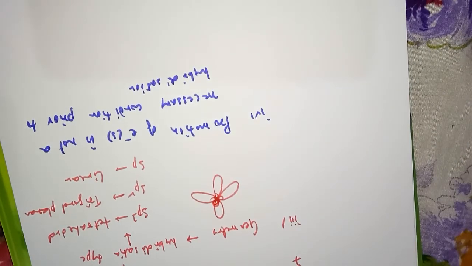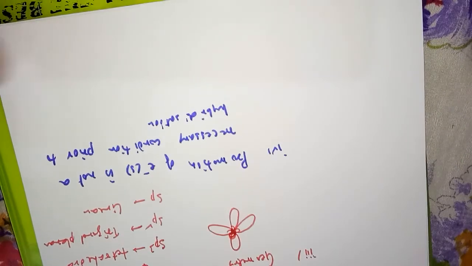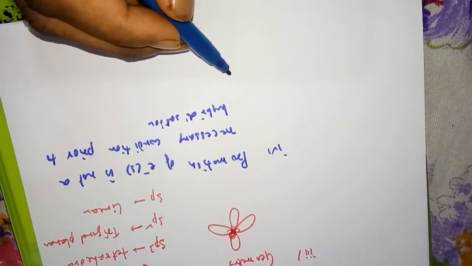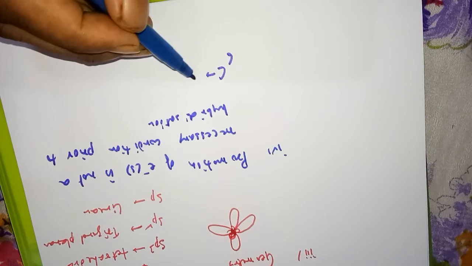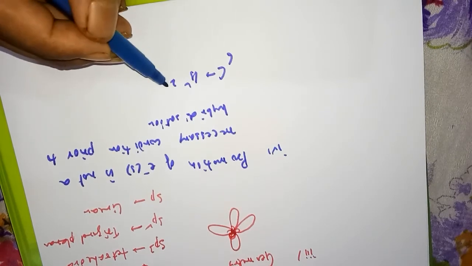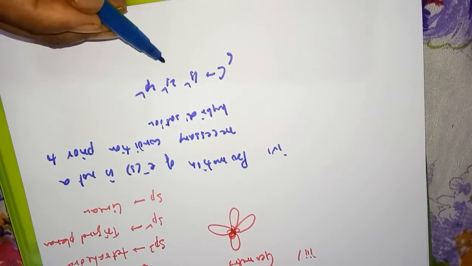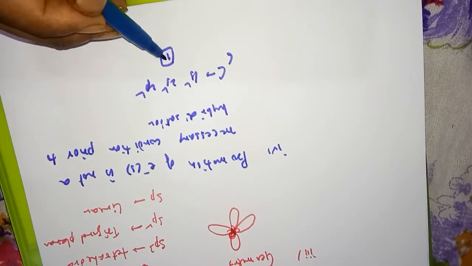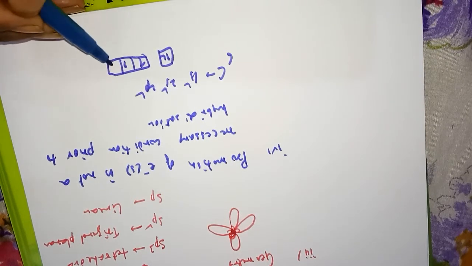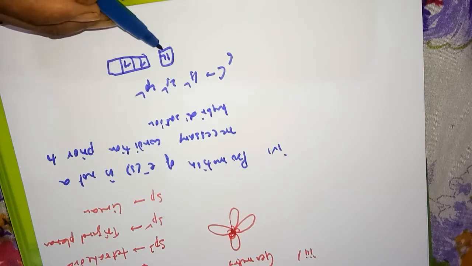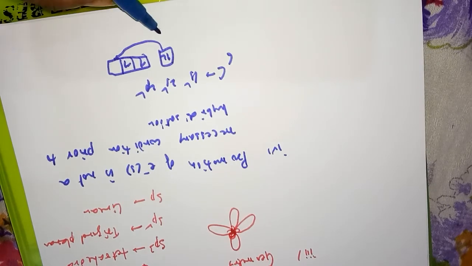Now promotion of electron means what? If I have an electronic configuration like carbon, C6, so 1s2, 2s2, 2p2. This is 2s2, this is 2p2. Now if there is a vacancy, then you can promote an electron.